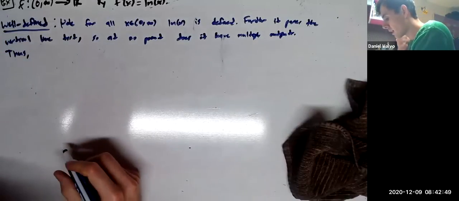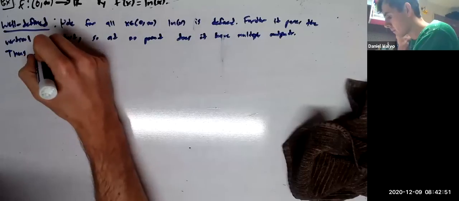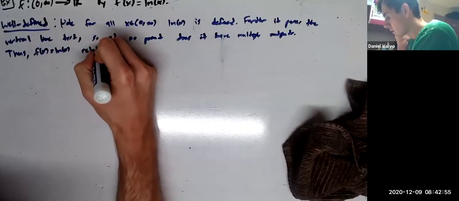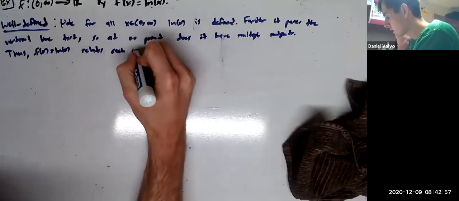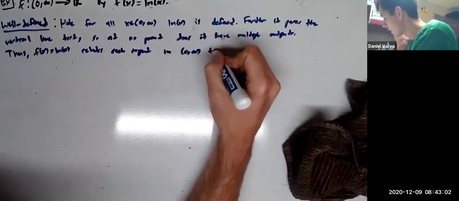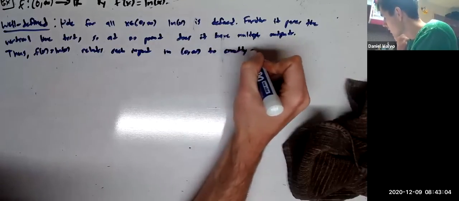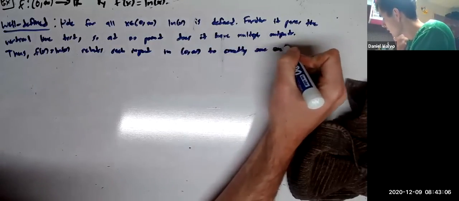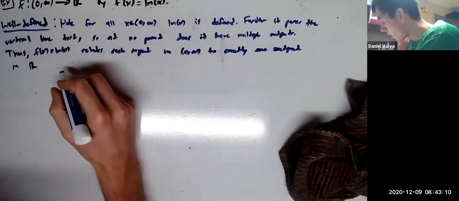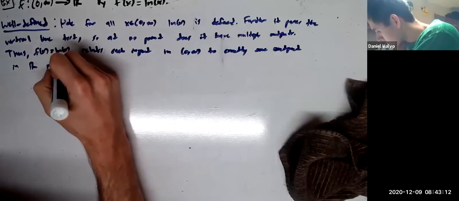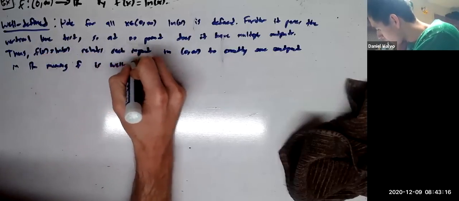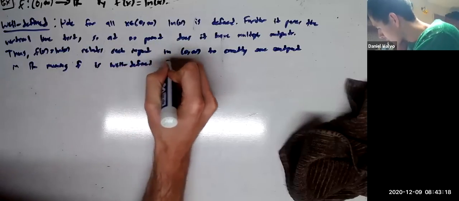Thus, f of x equals ln of x relates each input in (0, infinity) to exactly one output in R, meaning f is well defined by definition.